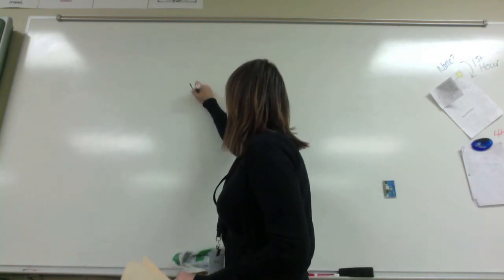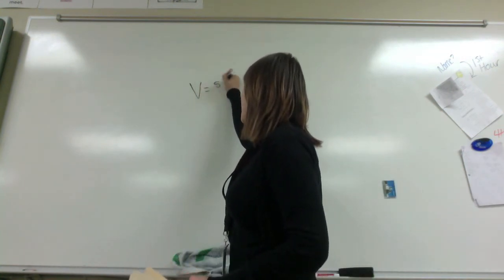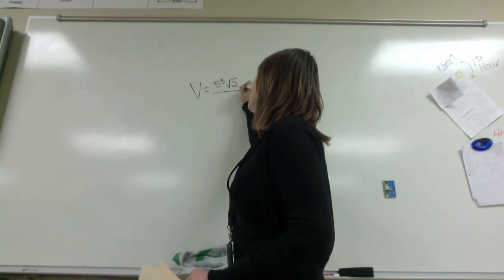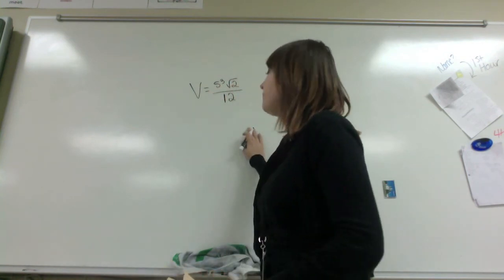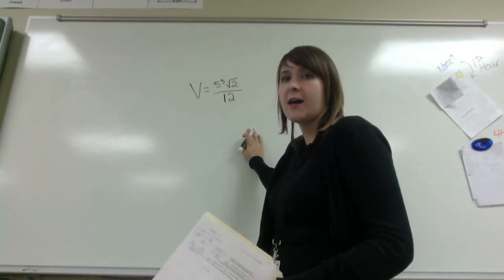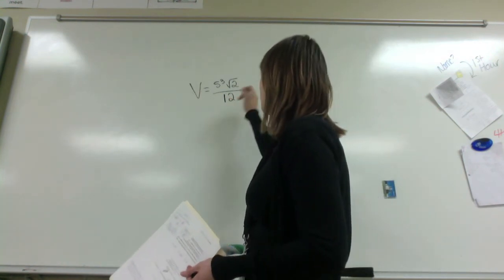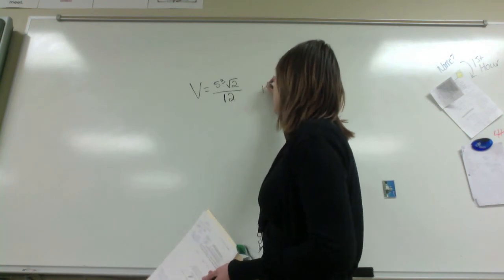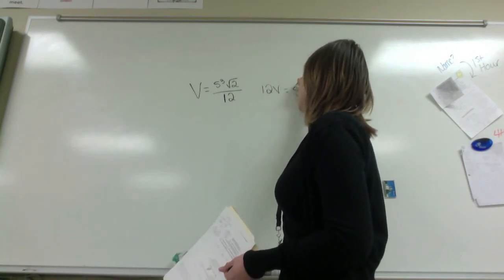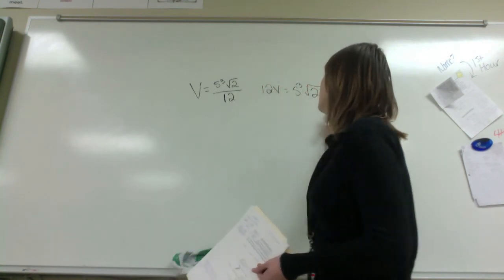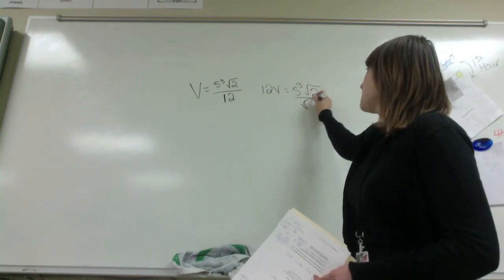Alright, so right now I have V equals s cubed square root 2 over 12. If I want to solve that for s, I need to get everything away from s. Okay, so I'm going to start by multiplying by 12. So I'll have 12V equals s cubed square root 2. Okay, then I'm going to divide by the square root of 2.